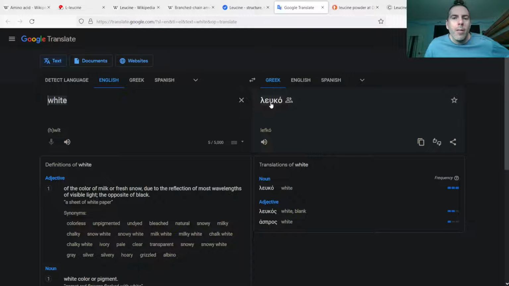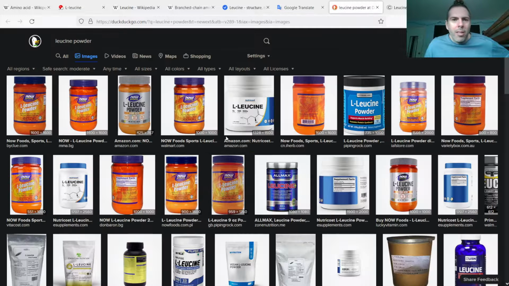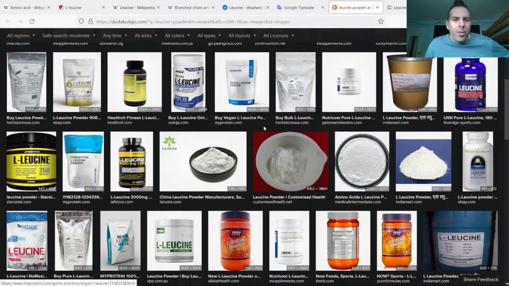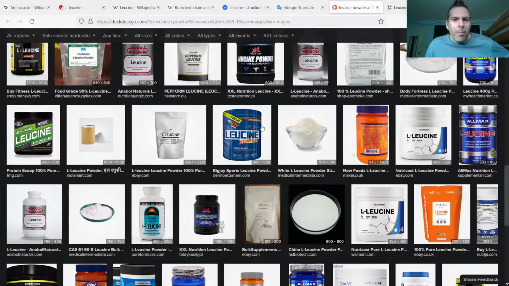So even though it's lefko in Greek, it's pronounced leucine in English. And it is a white powder. If you search for leucine powder, you'll see a bunch of supplements, but any picture of the actual powder is just a white powder.